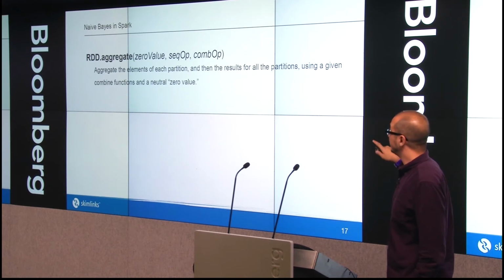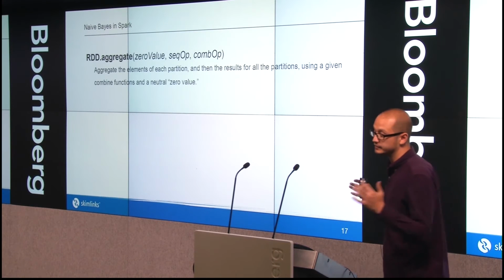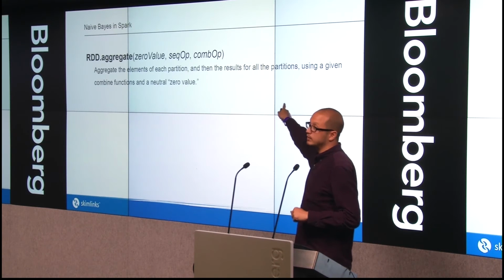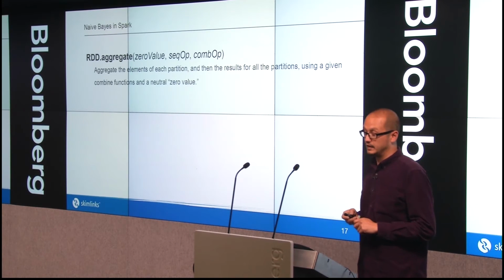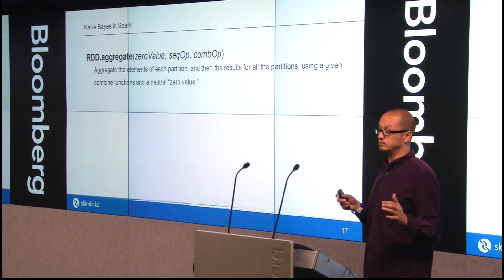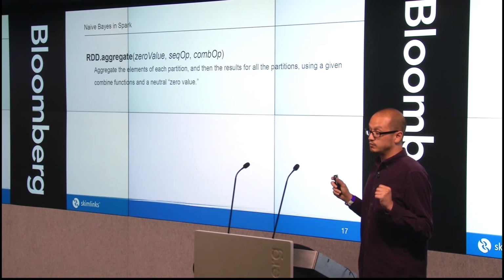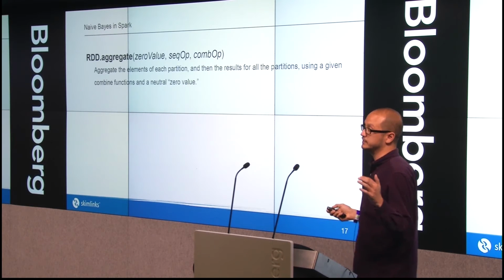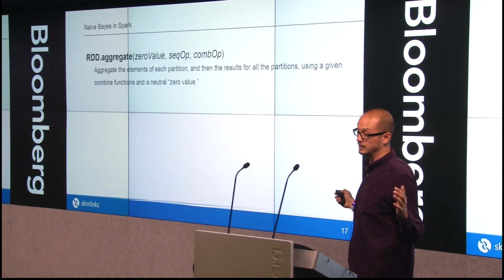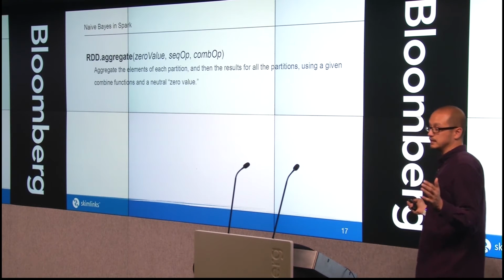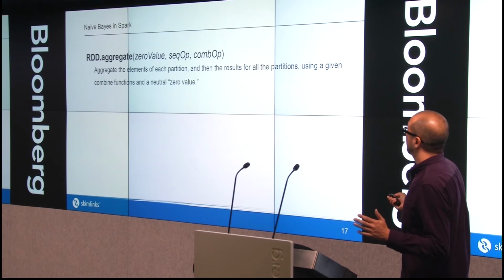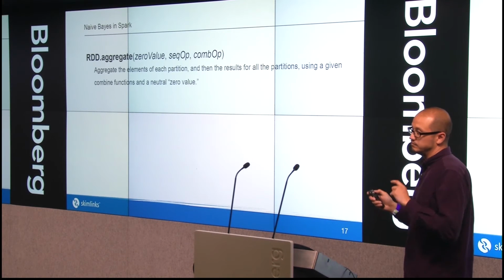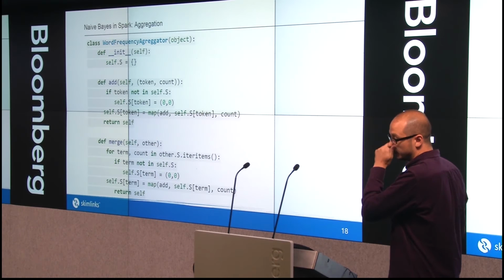So you basically need to create some kind of class which has a seqOp function and a combOp function, and then aggregate will apply your functions to partitions and then apply the combOp to all of the aggregation classes. I'll go through an example and make it clearer.